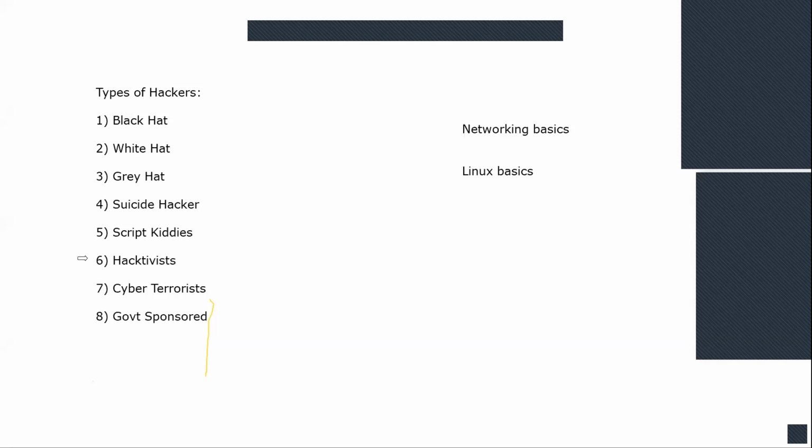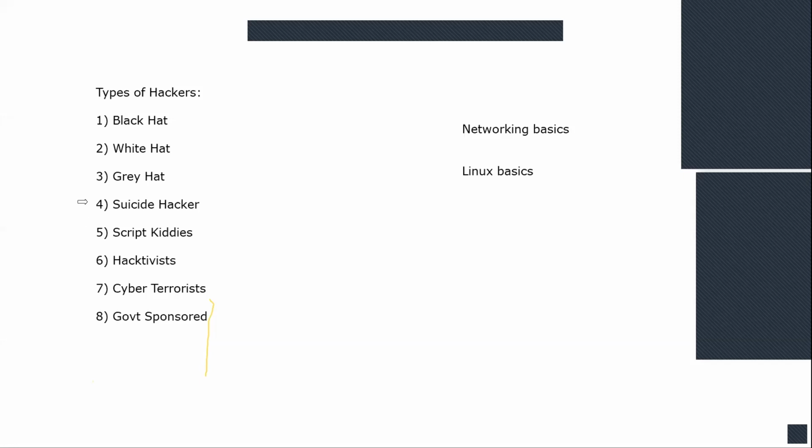And you have hacktivists. If a person has a political agenda and is trying to hack into a particular website and explain his political agenda on that website, he is called a hacktivist. And you have cyber terrorists. These people include political issues along with religious issues. They are the people who include religion and politics. They'll try to host a particular website.